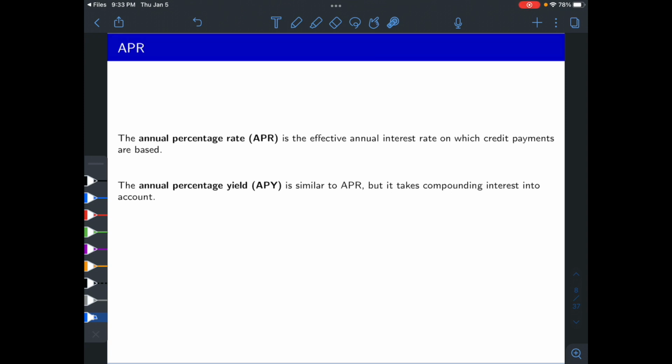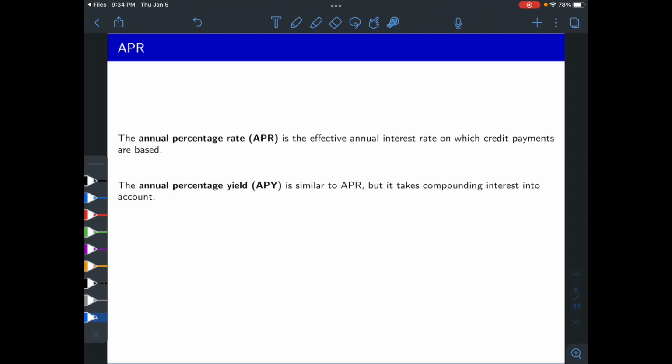So if you have a 12% interest rate, but it's compounded monthly, if you remember from the previous video, you're not exactly going to make 12% interest in that year. You're going to actually earn a little bit more than 12% interest. And how much interest you would actually make would be called the APY. The APR would not actually be taking into account the compounding interest.